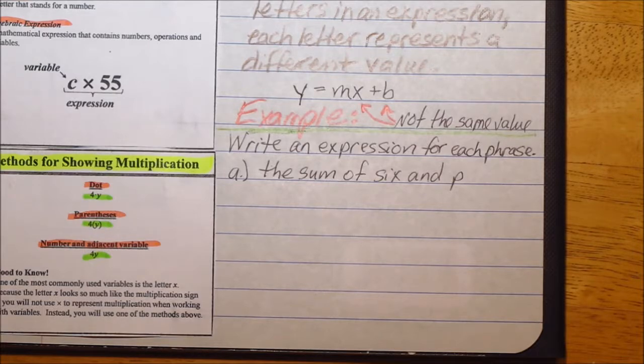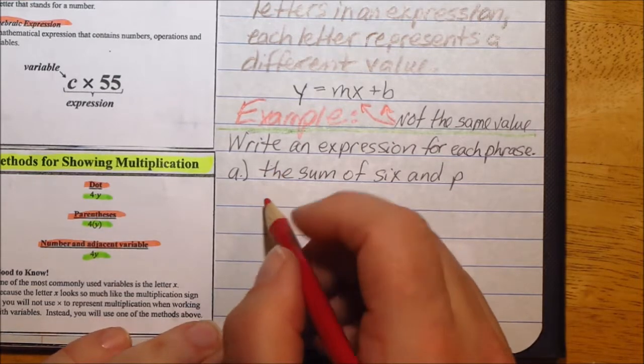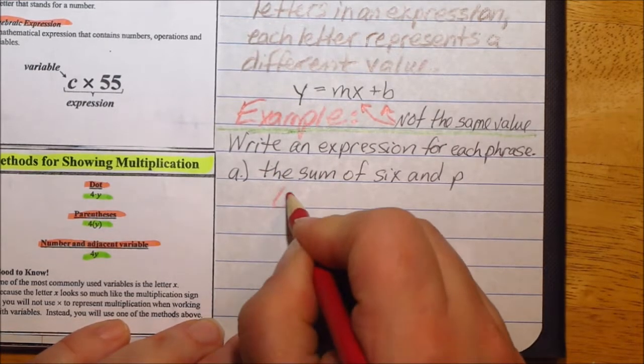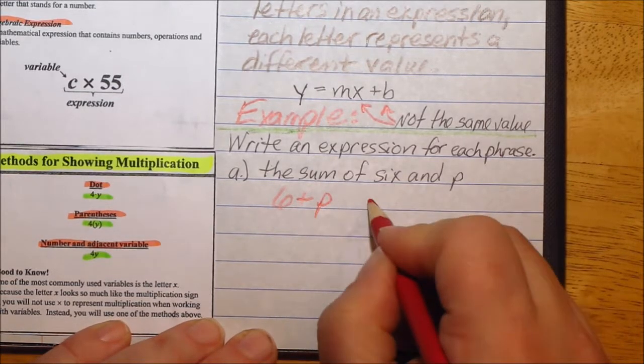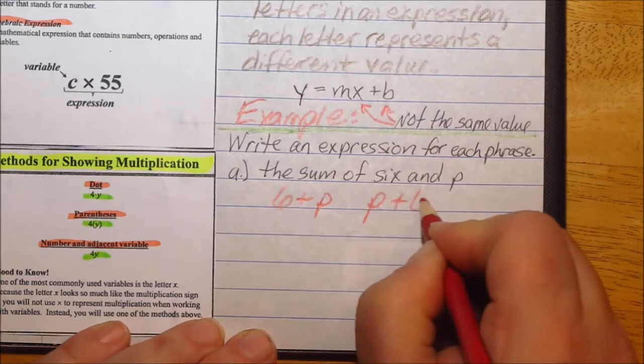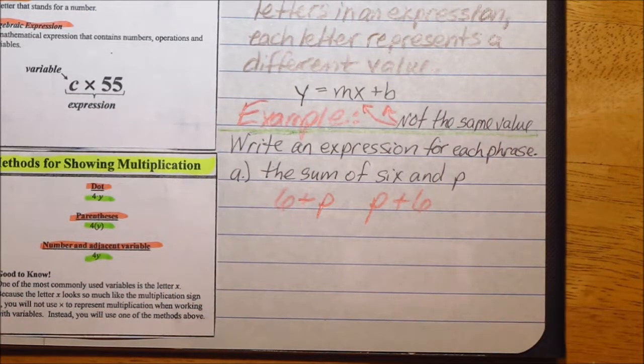We can apply the commutative property to addition, and so we could write this as 6 plus the variable p, or p plus 6, and either way would be correct. All right. Next one.